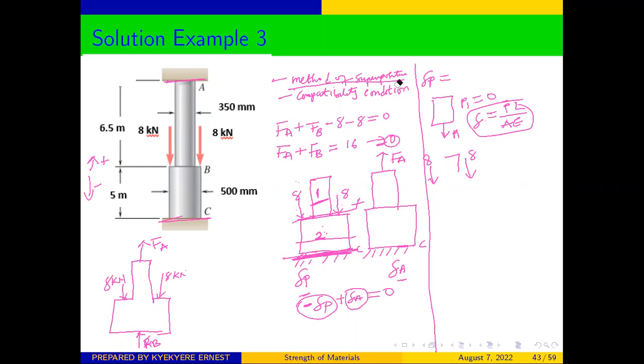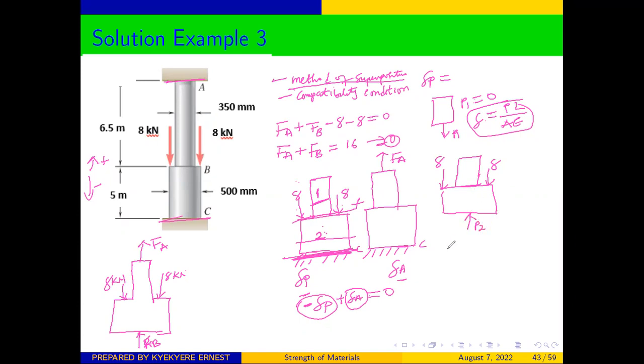Sorry for that. Let me erase everything and draw again. So from there, our free body diagram, just as we said, is going to be like this for section 2. Don't forget that when you are determining the internal forces, this is 8, this is 8, and our force there can be called force P2.